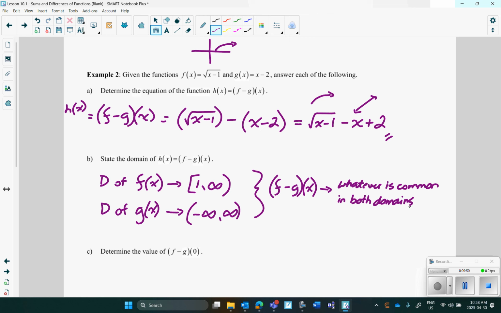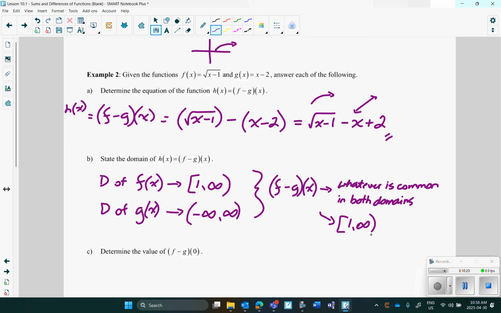Okay. What's in common in these two? Yeah, like this is everything. This is part of this, isn't it? So the only thing they would have in common is this. So we would say 1 to infinity. That's what they have in common. We can't say negative infinity to positive infinity because this doesn't include negative infinity up to 1.